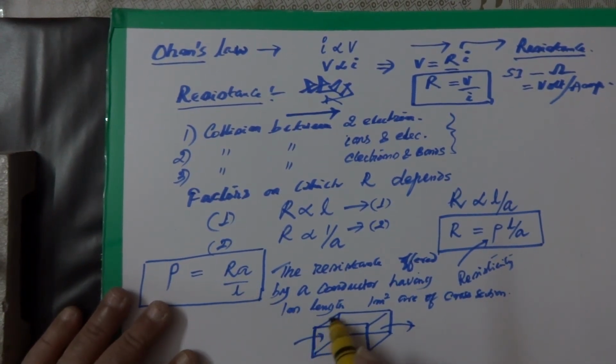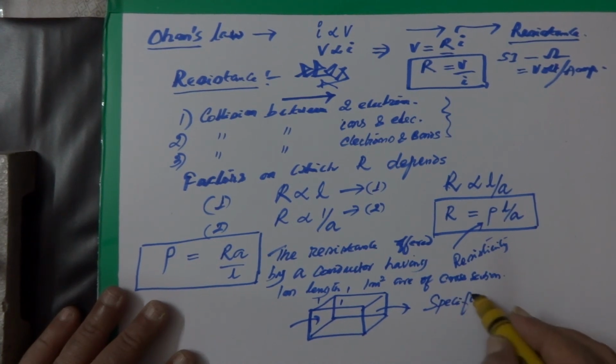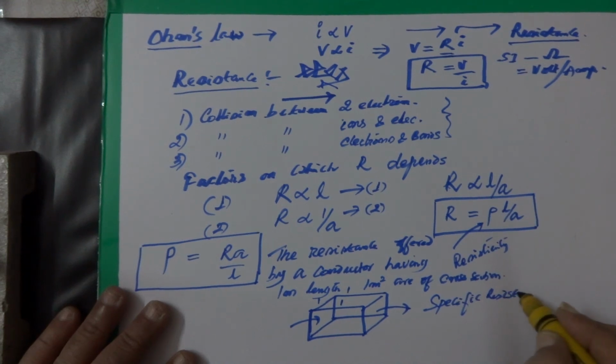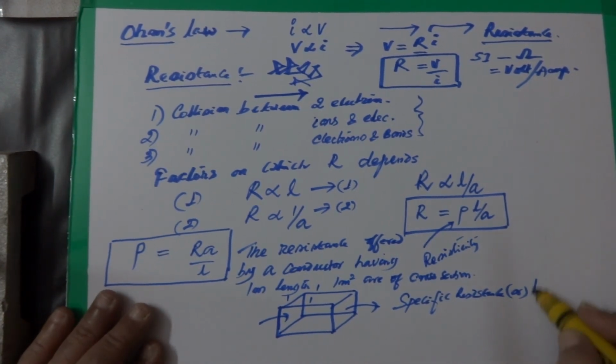So the resistance offered by this cube, remember, with unit area of cross section and unit length, whatever resistance it offers, is known as the specific resistance or resistivity.